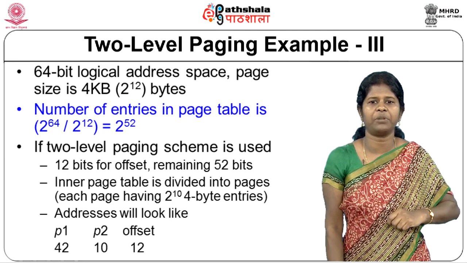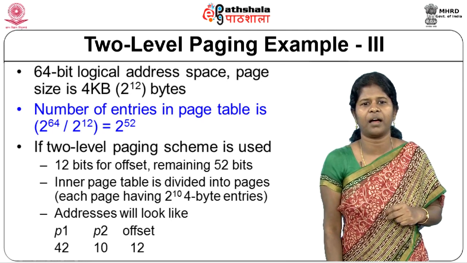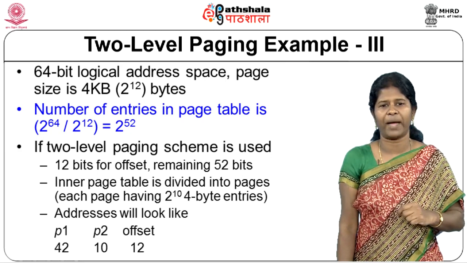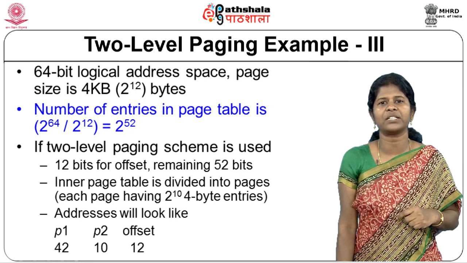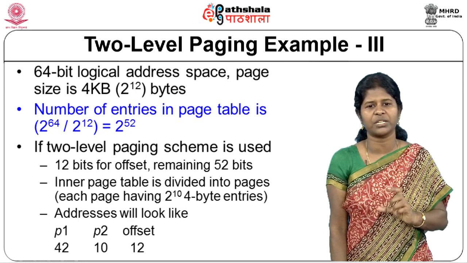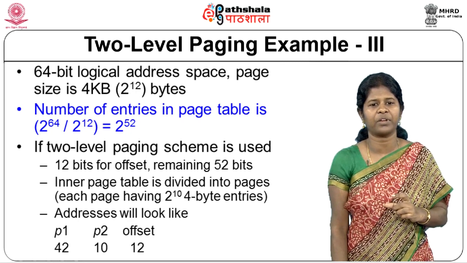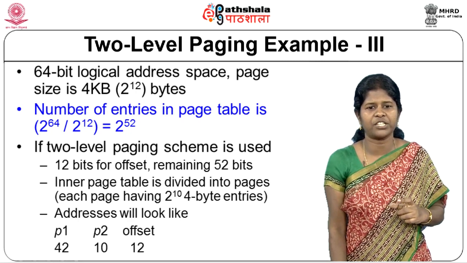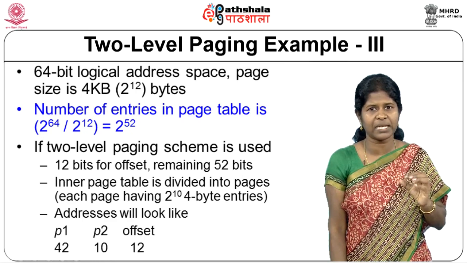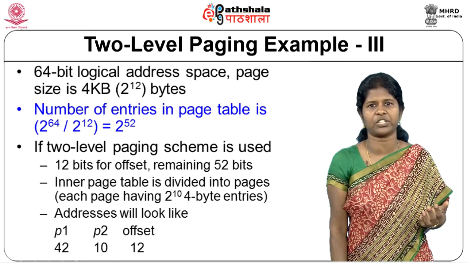And the inner page table is now divided into pages, each having 2 power 10 4 byte entries. So, now your address will look something like this. 12 bits for the offset within the page which is kept in the physical frame, and then the page table is now divided into pieces, very similar to the example that we saw earlier.